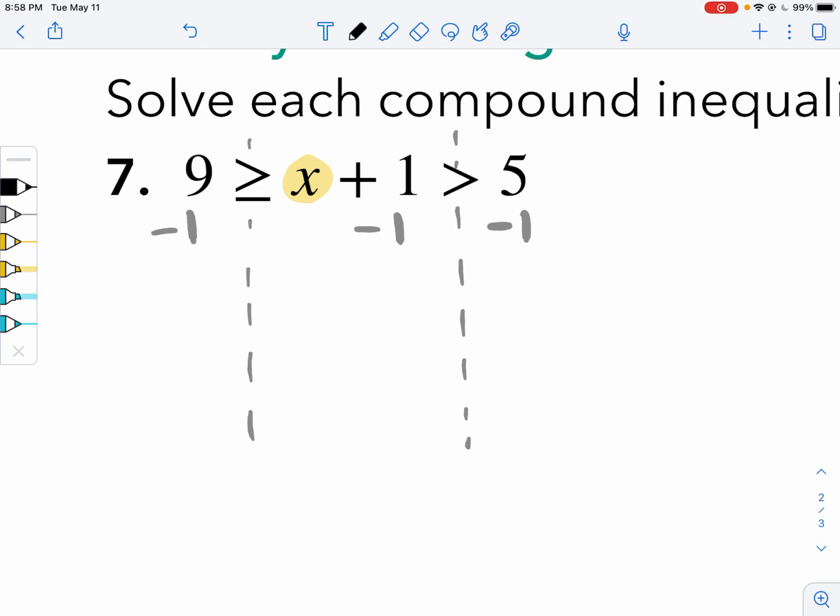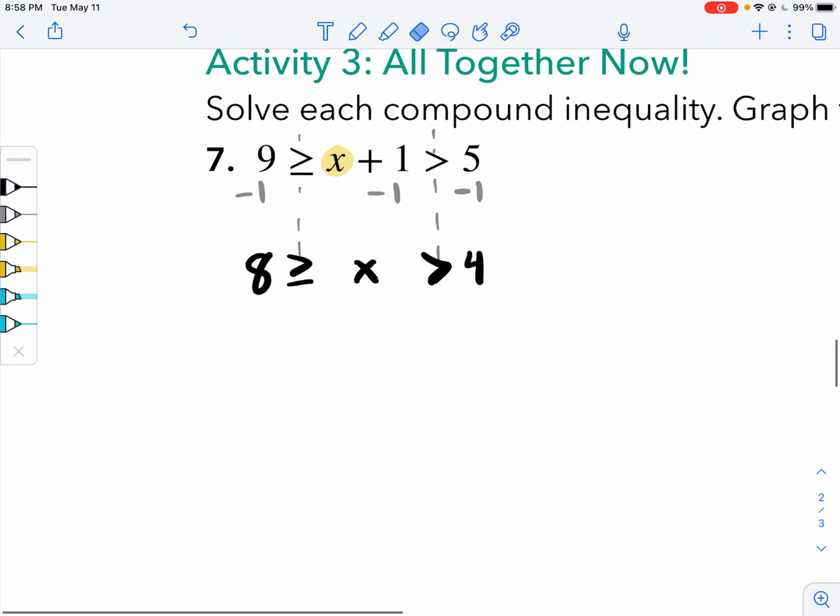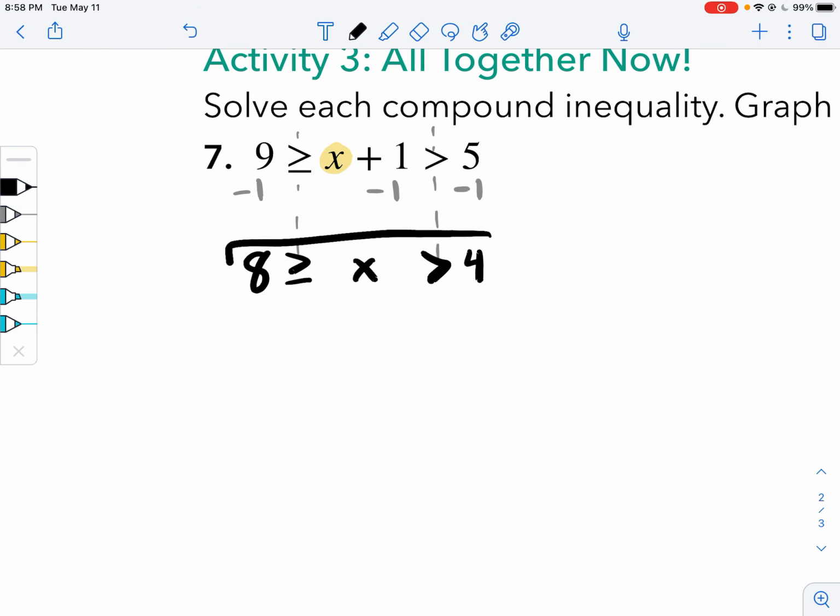So 9 minus 1 is 8. It's greater than or equal to x plus 1 minus 1, which is x, is greater than 5 minus 1, which is 4. There's our solution right here.